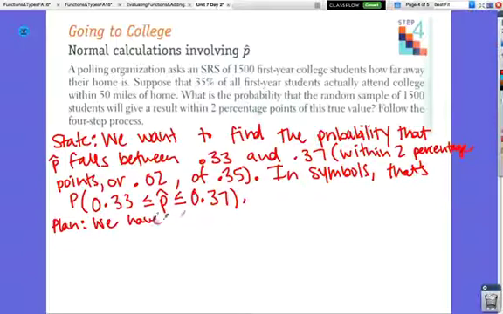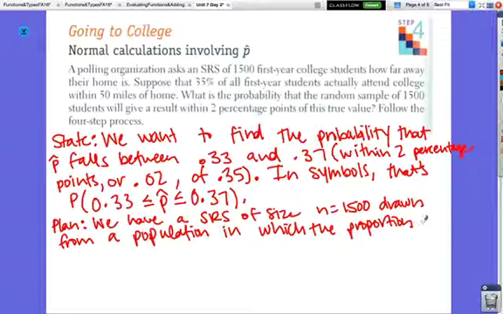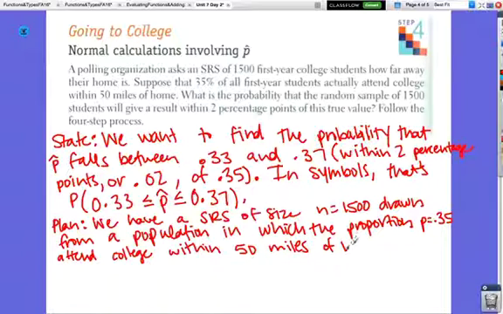So we know we have an SRS of size n equals 1,500 drawn from a population in which the proportion p equals 0.35, and that is people that attend college within 50 miles of home.